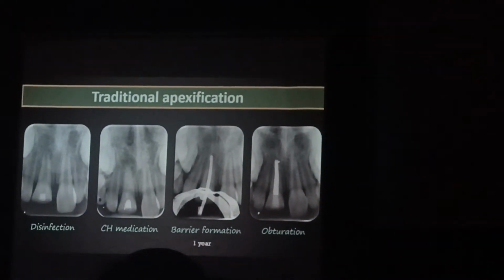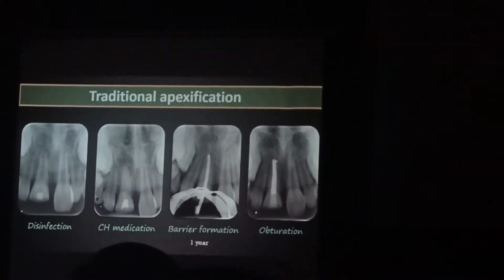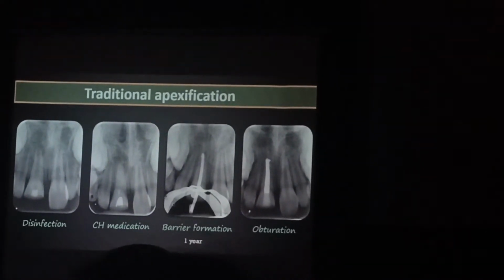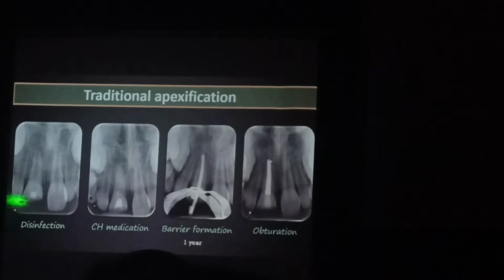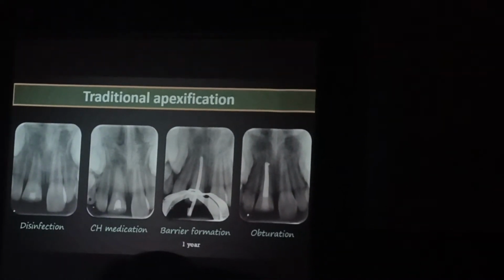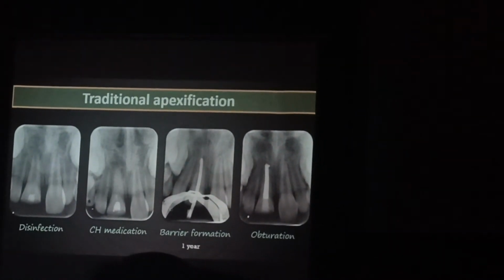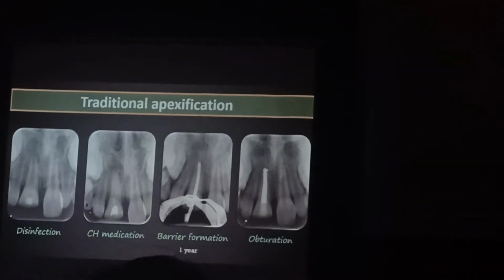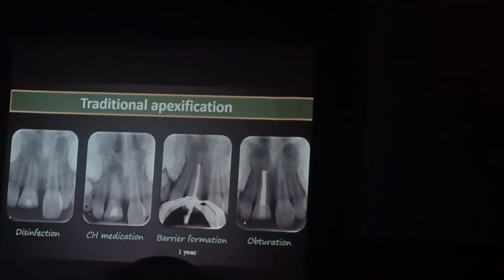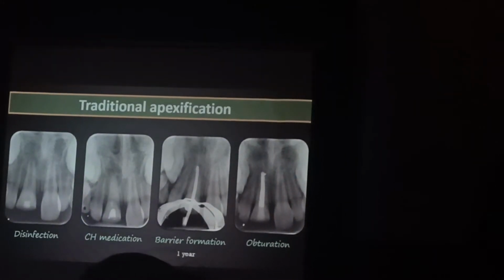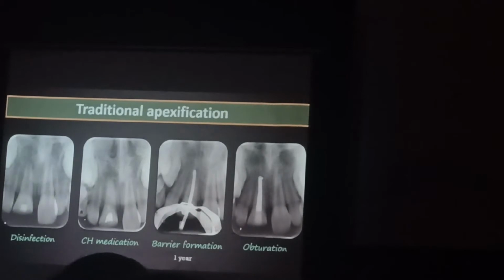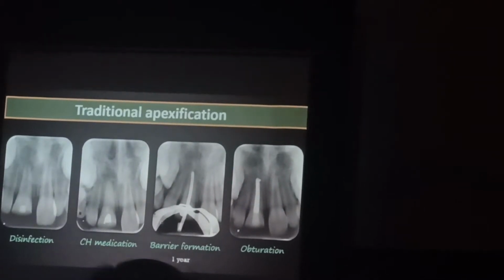Here is an example of a traditional apexification. In the first visit, we normally do disinfection using some irrigant without severe mechanical debridement because the tooth itself is pretty thin. After that, we place the calcium hydroxide inside and wait until we get a barrier formation at the end of the tooth.